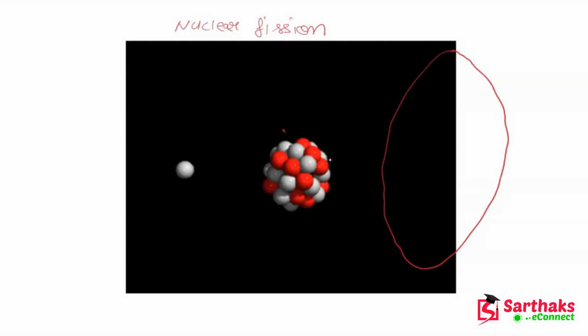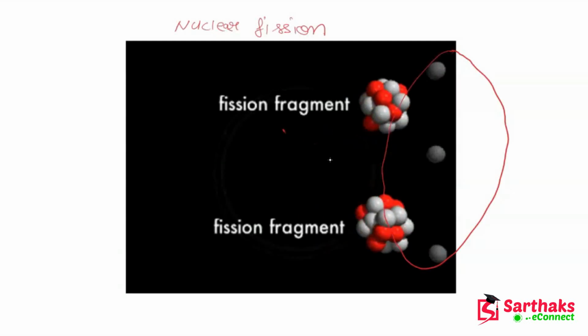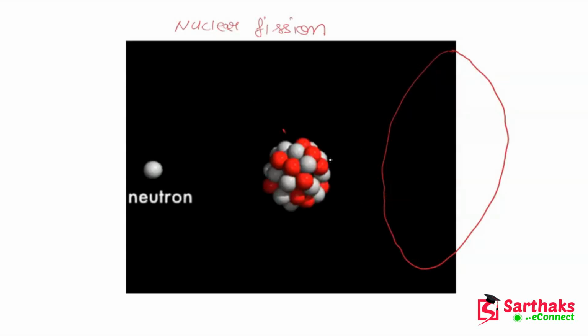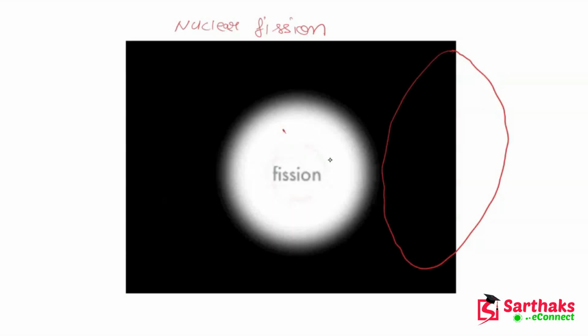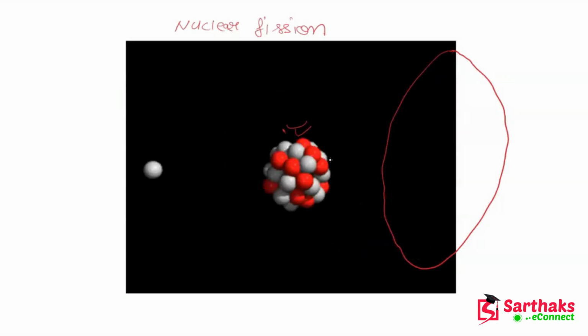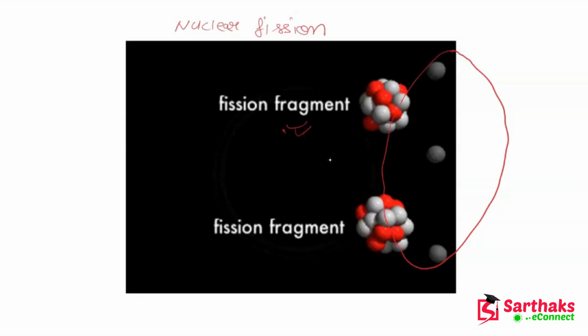Okay, you can see that it is striking, or colliding with the nucleus, and the nucleus is divided into two smaller nuclei, so lots of energy is released. You can see that this is a very high amount of energy. So you can say 1 gram of this will produce lots of heat.